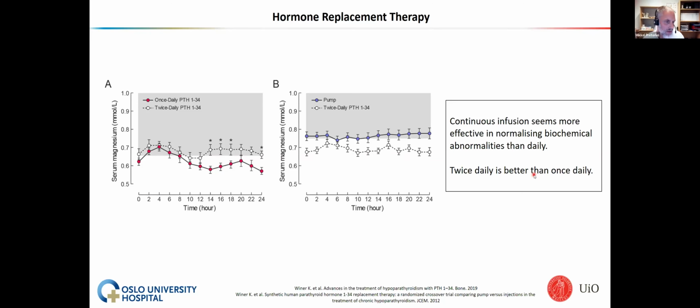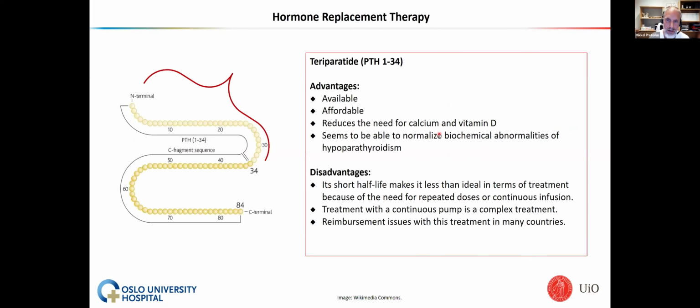As you would expect, it's better with twice daily PTH, and maybe not surprisingly, if you treat with a pump, then it's maybe even better than twice daily. It's available and affordable, but the very short half-life makes it less than ideal to treat this chronic condition.